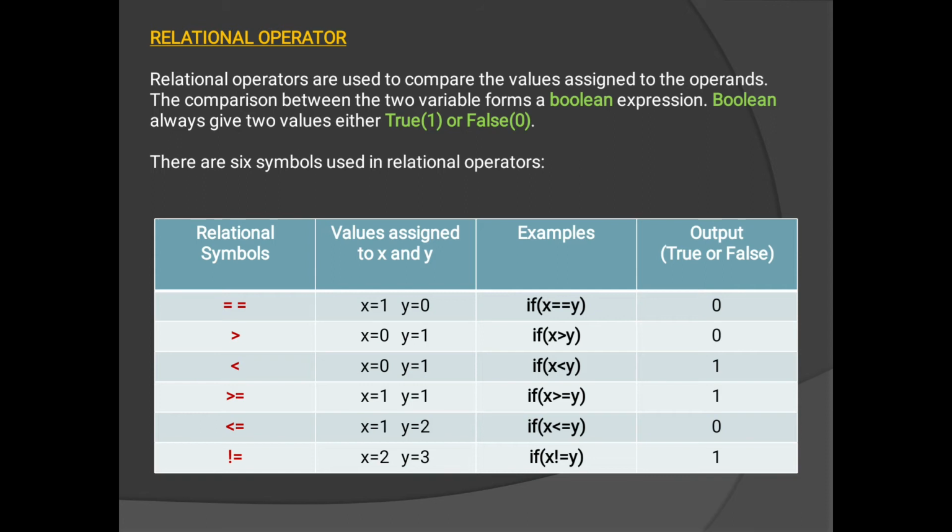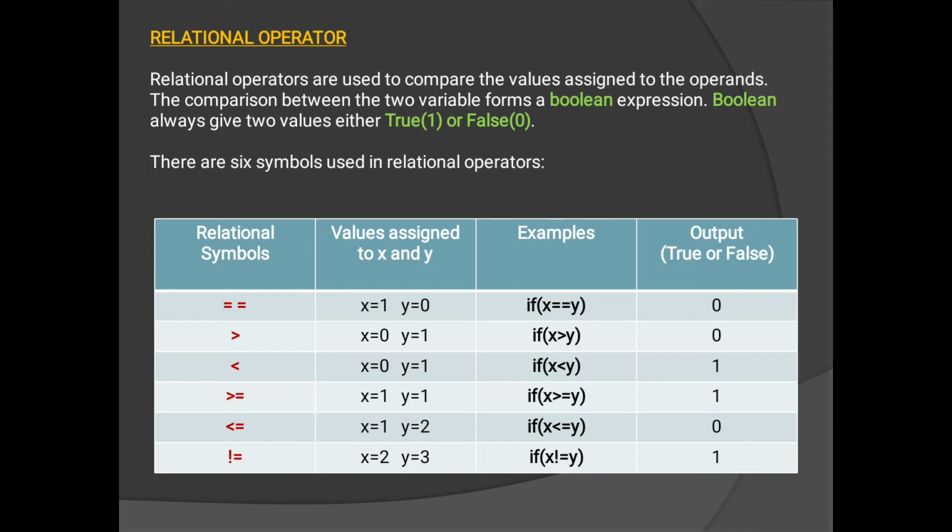If suppose x is 1 and y is 1, that means if x == y, so 1 equals 1, then yes. In that case, the output will be 1. Generally we don't write the output 0 or 1. Generally the test condition would be like: if x == y, then a cout statement or a formula will be executed.